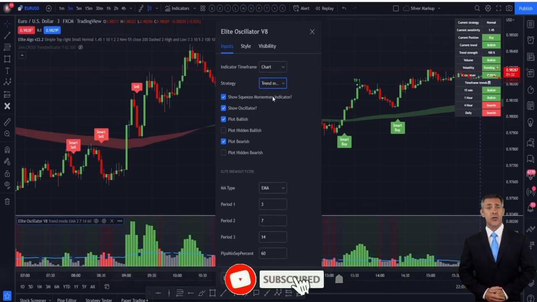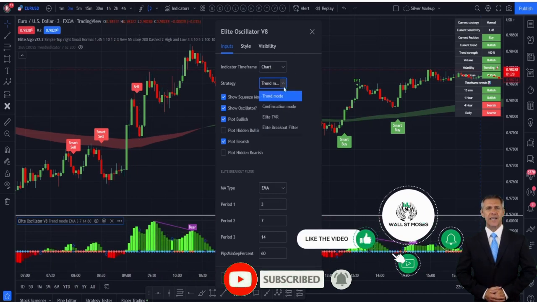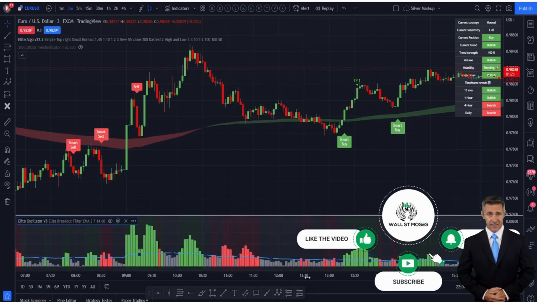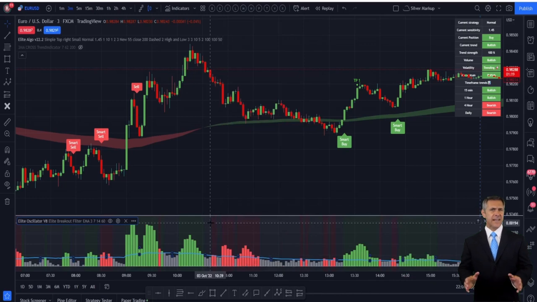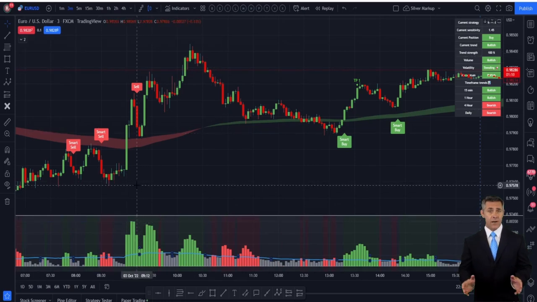When you first see it, you may see it on, I believe, trend mode, where it looks like this. So you just switch it from trend mode to elite breakout filter. And this is going to be really key in finding those momentum shifts to where you can line up with the trade that we're looking for with this system. So with that in mind, let's get right into it.